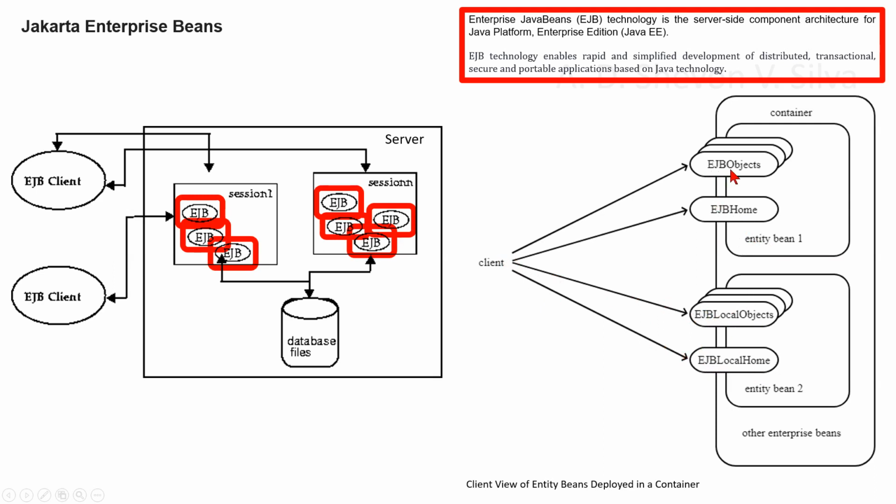Here EJB objects and EJB home interact with container and entity bean 1 here. Here EJB local objects and EJB local home interact with container and entity bean 2 here. Here entity bean 1 and entity bean 2 and other enterprise beans are inside the container.